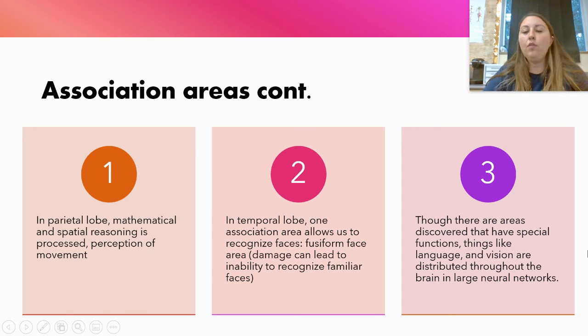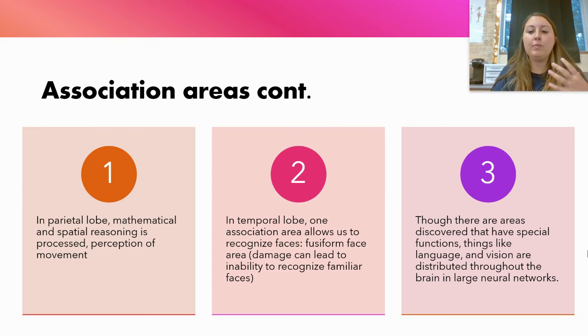Now, overall, though, I want to make the point that today, brain scans are allowing us to learn a lot more about the brain and different functions, but we're not just trying to do phrenology 2.0. That's not the goal, and that's not the message that's being sent to us through these scans. The message is that overall, there are vast neural networks where lots of things are being processed in lots of different areas.